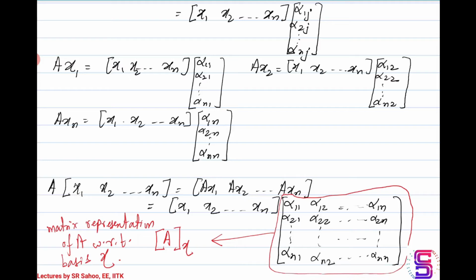So the coefficients or the scalars associated in this linear combination, due to the vector received because of the operation of A on x1.